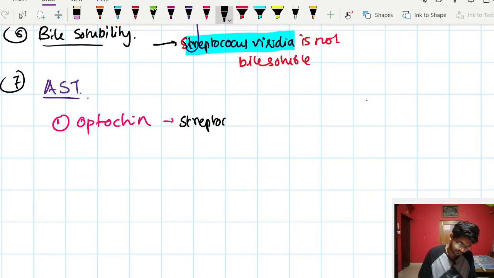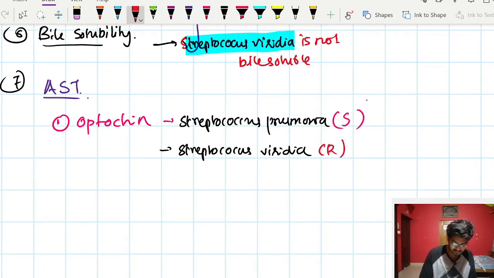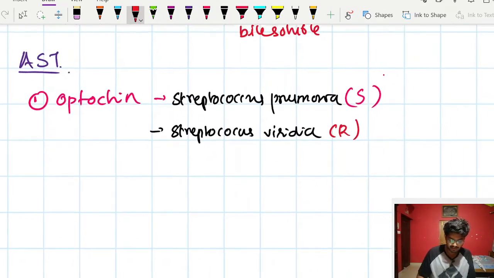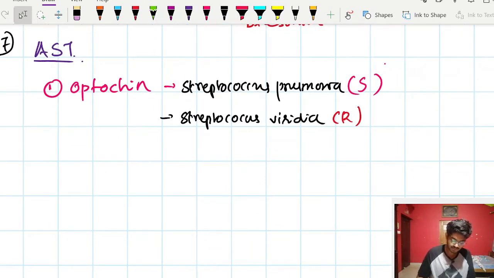Streptococcus pneumoniae is sensitive towards optochin, whereas Streptococcus viridans is resistant towards optochin. So we can differentiate whether it is Streptococcus pneumoniae or Streptococcus viridans.